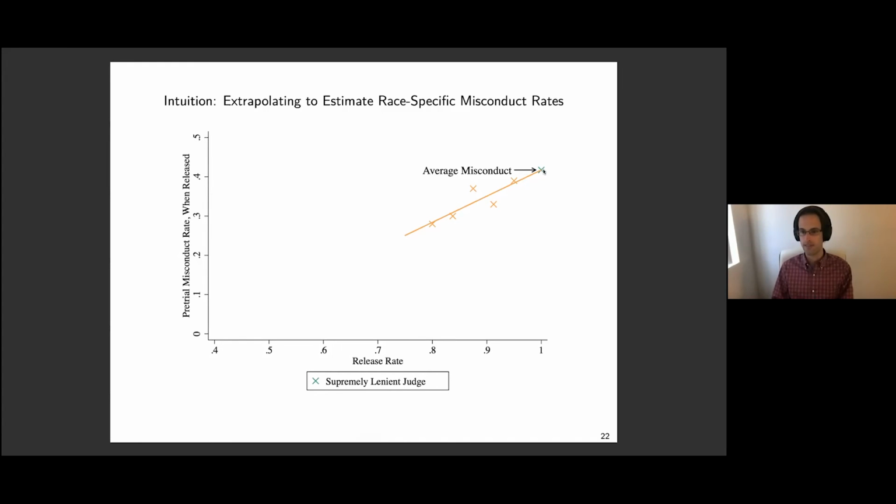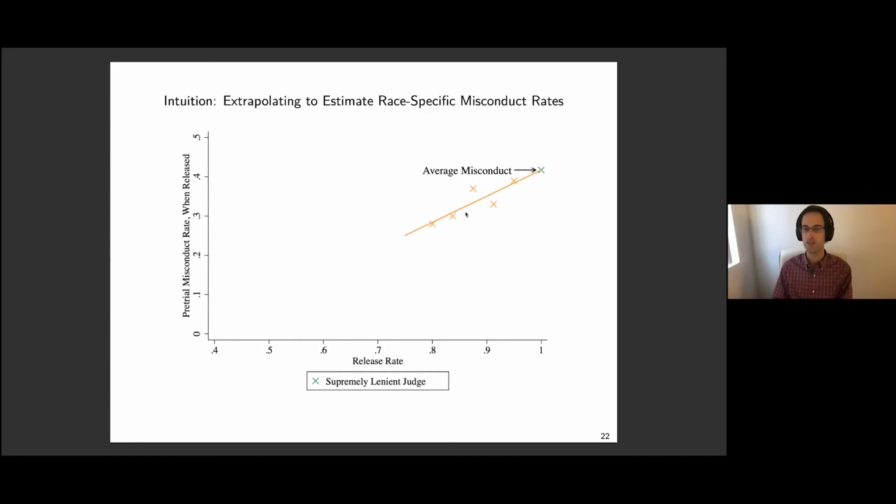Generally, you're not going to have a judge that is so lenient. So what you can do is use variation from judges that have lower release rates. Here we're just going to fit a line, and we're asking where this line hits the x-axis at 1. That's the release rate of an infinitely lenient judge. And we can look on the y-axis again to say, theoretically, what is the pretrial misconduct rate of this judge?